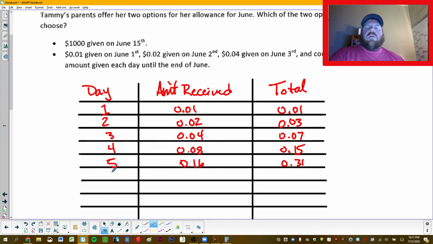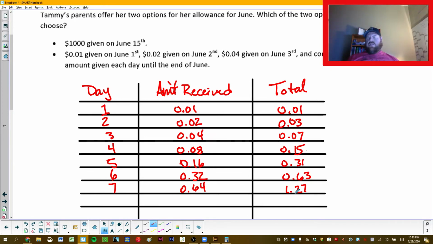So we have 31 cents. 32. 63. So then we have, I think, 127, and that process continues.